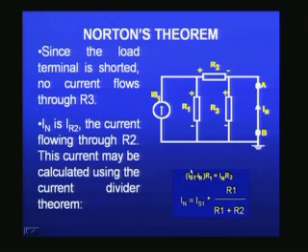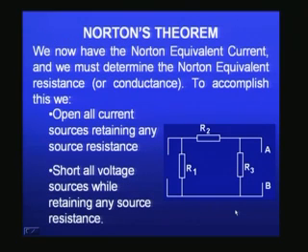This is obtained because, if this current is called IN, the current flowing through R1 will be IS1 minus IN, and the voltage across R1 should be equal to the voltage across R2, which is IN multiplied by R2. From this simplification you get IN equals IS1 into R1 divided by R1 plus R2, by using the current divider theorem, if you wish to remember that parallel resistors divide current.